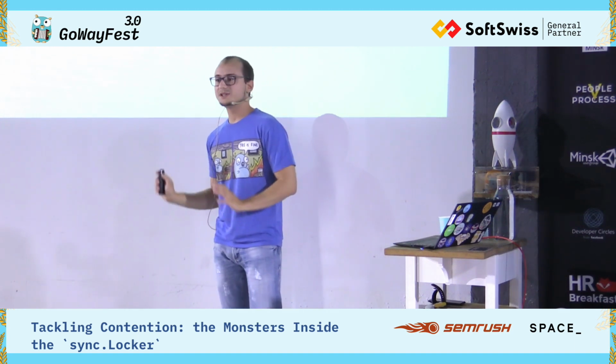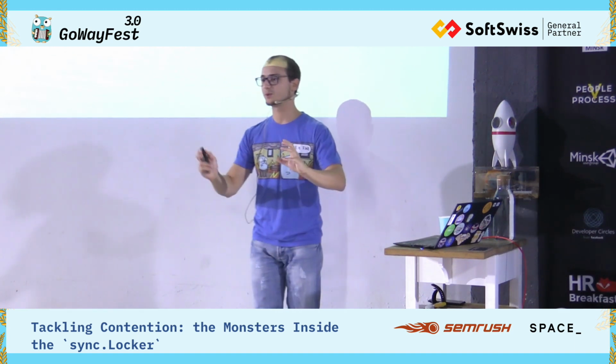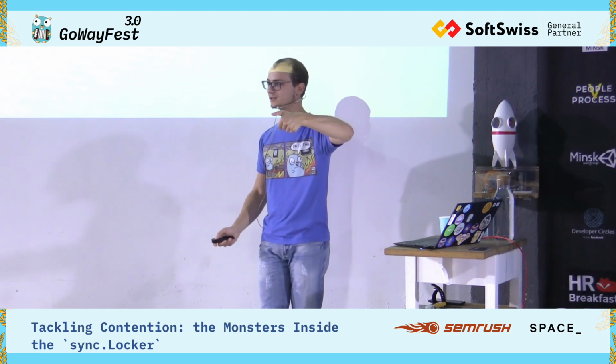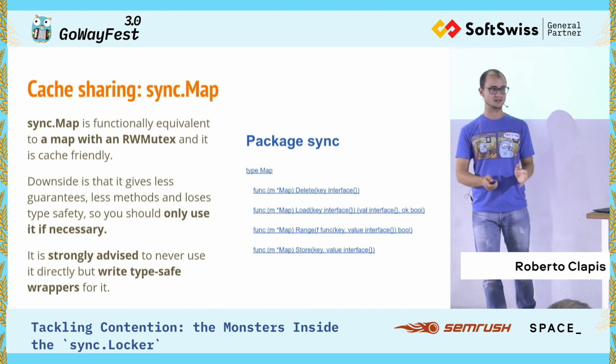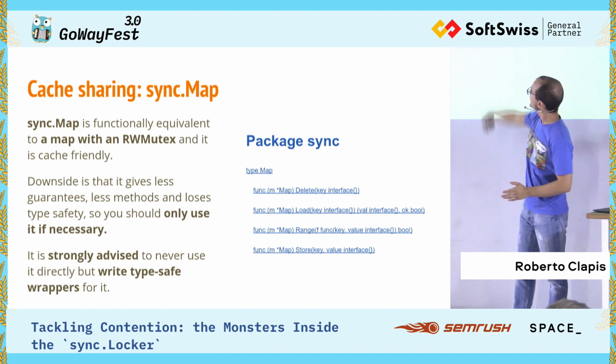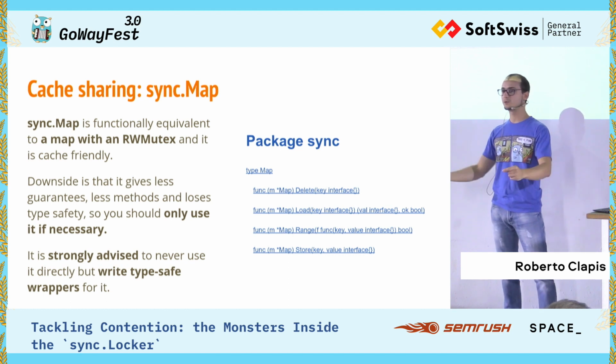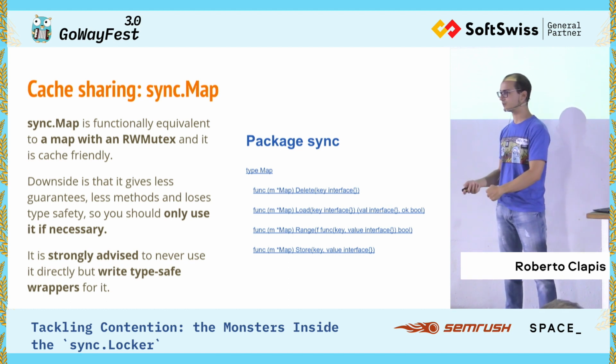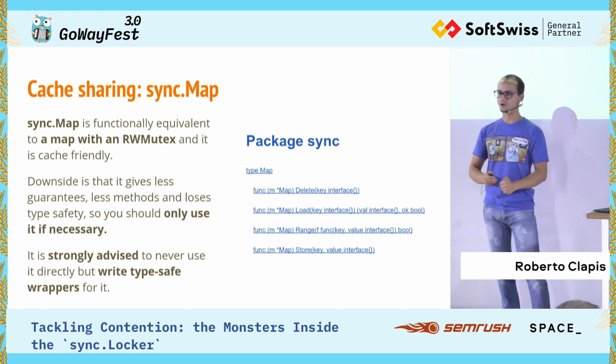If what you need is a map, so if you have a hash map with a read-write mutex that protects it, there is something in the standard library that can save you. This is SyncMap. SyncMap removes a lot of cache contention problems, but it comes with a cost.